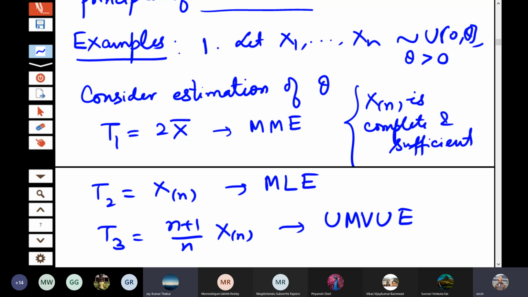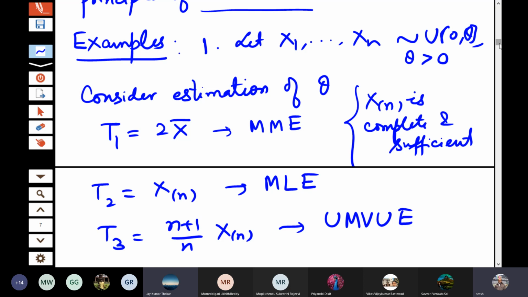And of course we derived the UMVUE also, and we have compared the mean squared errors of all the three estimators. So which one was the best? Do you remember here in this particular problem? Among T1, T2, T3, certainly T2 was better than T1. But between T2 and T3, which one was better with respect to the mean squared error? T3. T3 was the best.